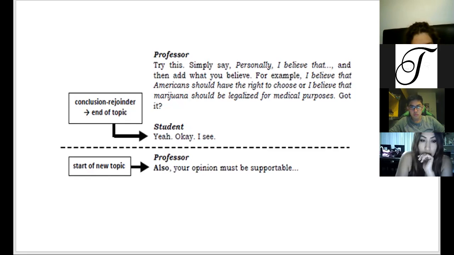Rejoinders are transitional signal words telling you that this is the conclusion of this topic and the start of the next. For example, here it says, try this. Simply say, personally, I believe that, and then add what you believe. For example, I believe that Americans should have the right to choose, or I believe that marijuana should be legalized for medical purposes. Got it?